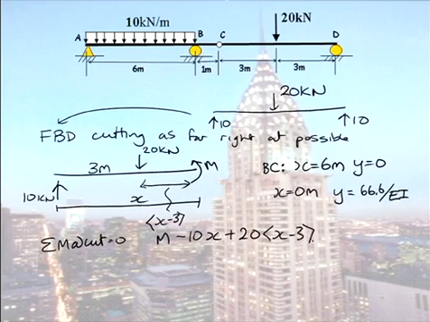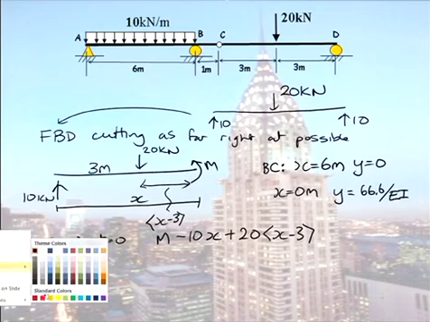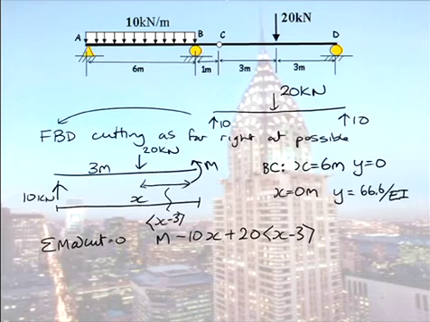Now, as I said, some people really want to say, well, what about this reaction D? If you want to include that reaction D, we could. We could include it, say, okay, well, it causes anti-clockwise rotation, minus D(x minus 6). But does x ever get to 6? No. So this term here is always 0, because the term in the bracket's always negative.